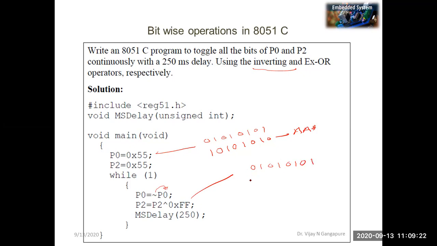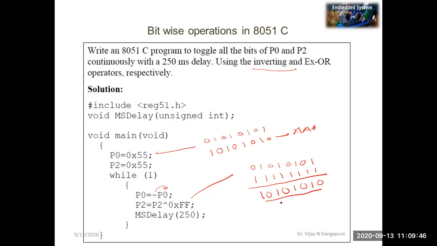There will be a bitwise XOR operation between this 0101 0101 and FF, that is 1111 1111. So see the result. Bitwise XOR means 1 and 1 becomes 0, 0 and 1 becomes 1, 1 and 1 becomes 0, 0 and 1 becomes 1, and so on.